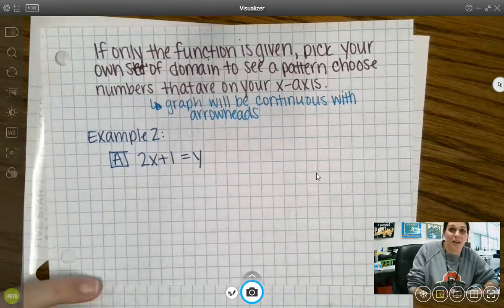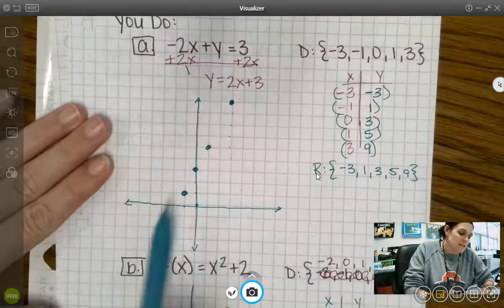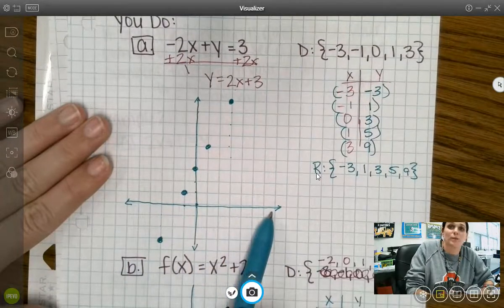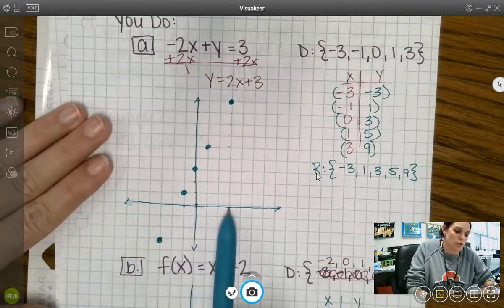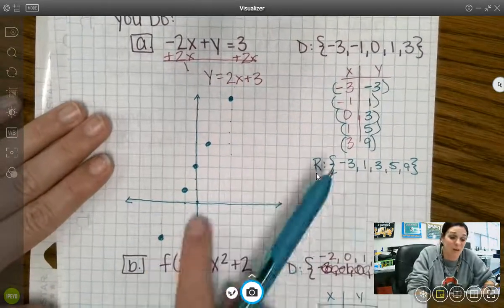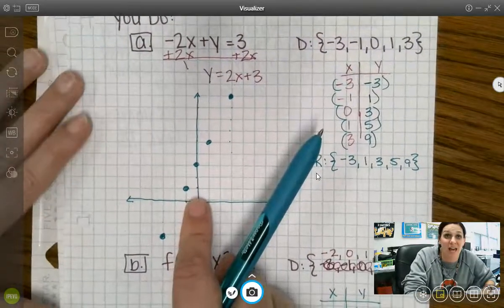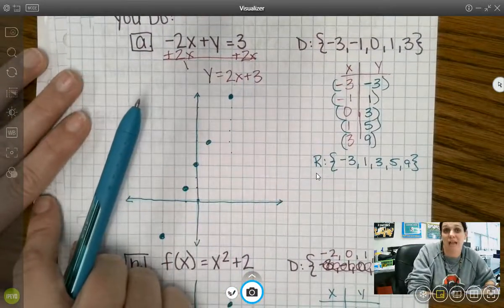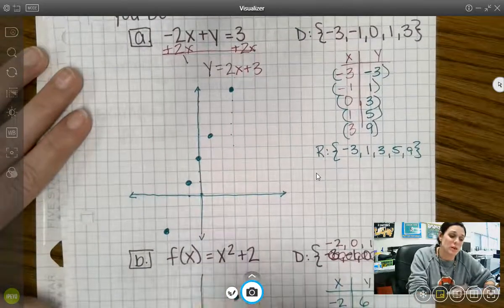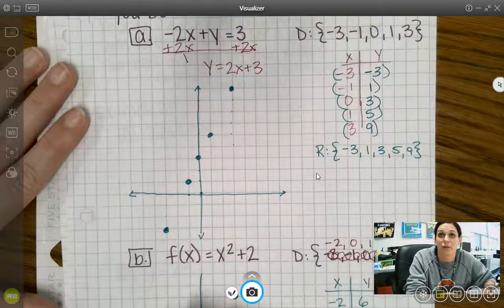Now, if I made a graph, and I can use this graph that I already had, it is all of the x values that I'm choosing. I can choose 1, choose 2, choose 3, choose 4. I don't want to choose 28. I don't have 28 squares to go to the right. I don't want to choose negative 10. I don't have 10 squares to go to the left. I want to make sure I choose numbers that are in this central location so it's easy enough to graph.